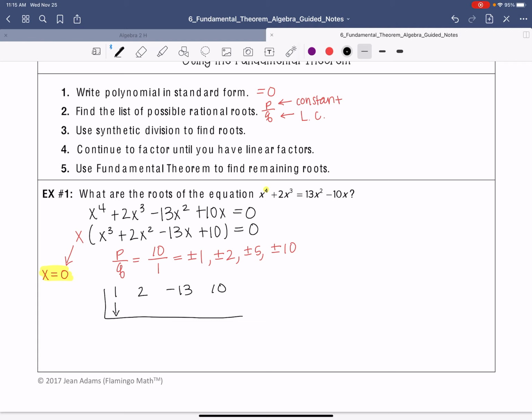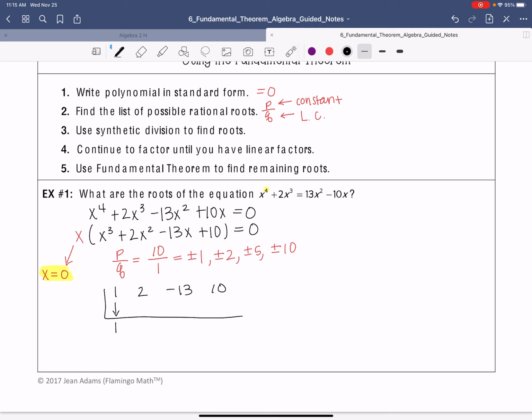You can even bring down your 1 and put that all in pen. The reason I put this in pen is because we're going to be testing a whole bunch of different ones. So then with pencil, you'll do the rest of this, and then you can quickly erase right over the whole thing and not have to worry about resetting it up every single time. So we can use this same setup over and over and over again.